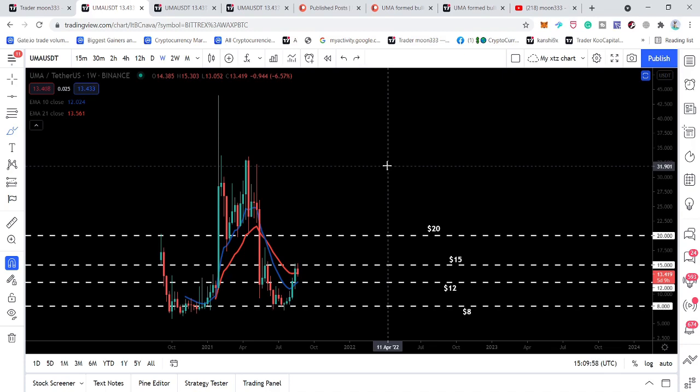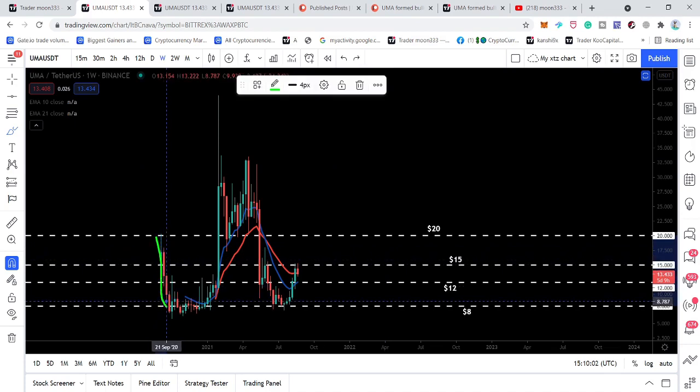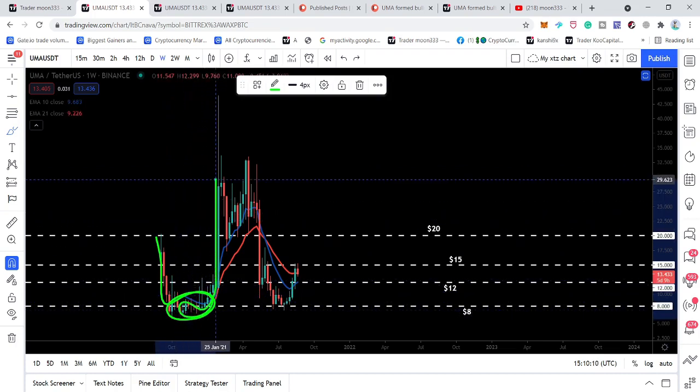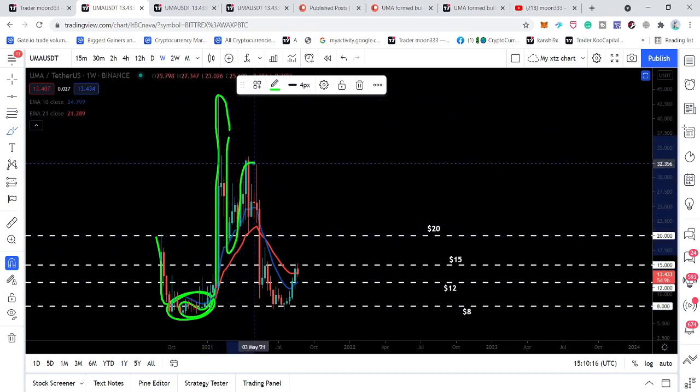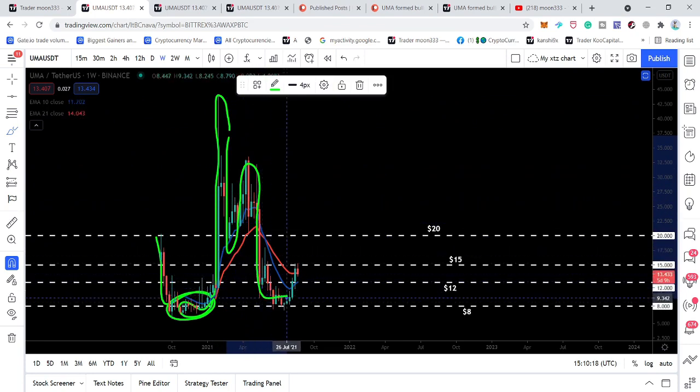Now here we can see that the price action accumulated very well above this support of $8, and after this accumulation we had a very nice rally up to $44, and then the price action retraced up to this level. Again, we had another move, and again the price line accumulated at this $8 support.